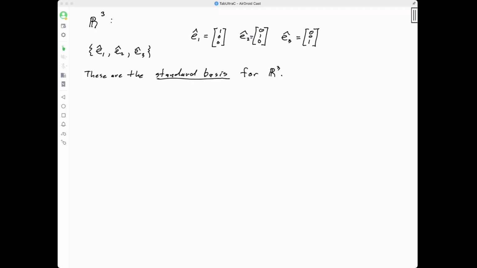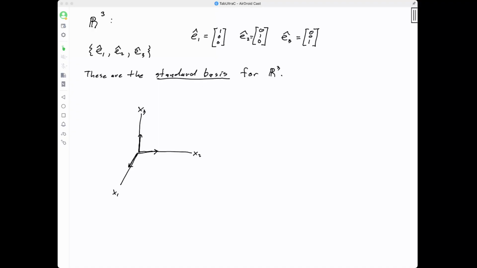And essentially what this is saying is if you think about a three-dimensional graph, we're going to put x1, x2, x3 as our three different directions. Then E1 is the vector that goes 1 unit along x1, E2 is the vector that goes 1 unit along x2, and E3 is the vector that goes 1 unit along x3.